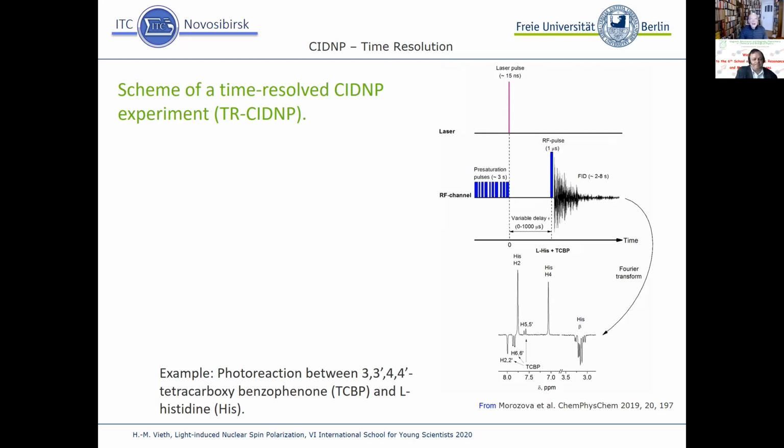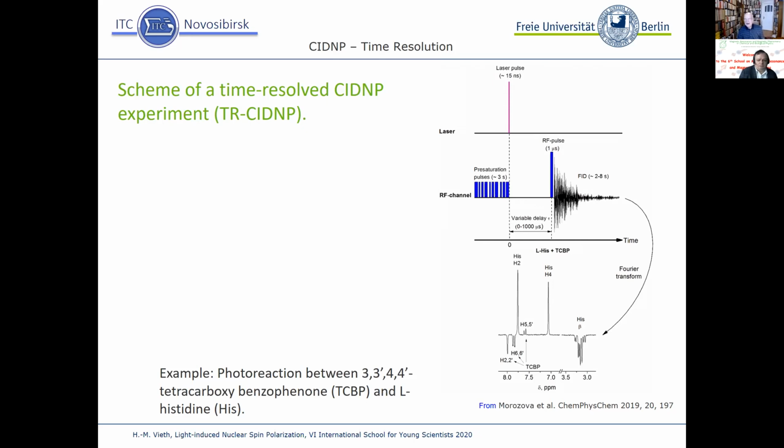So, here you see a scheme of this time-resolved CIDMP. How do you do it? You have a pre-saturation, killing all polarization by irradiation with radio frequency. Then you shine in light. You create your reaction partners by light.